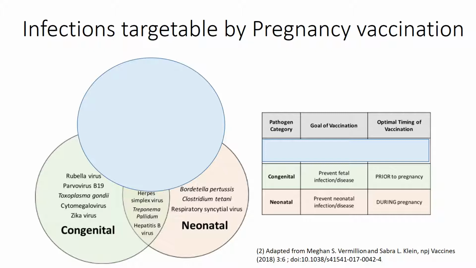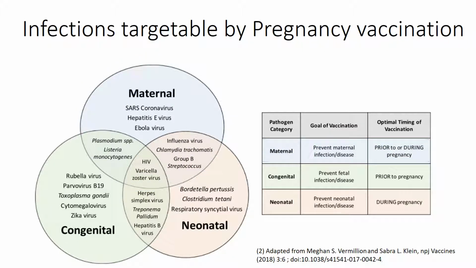Moreover, pregnancy induces many changes in terms of hormones and the microbiome that directly modulate the immune response of the pregnant woman, leading to an exposure to some pathogens like SARS, hepatitis E, or the now well-known Ebola.